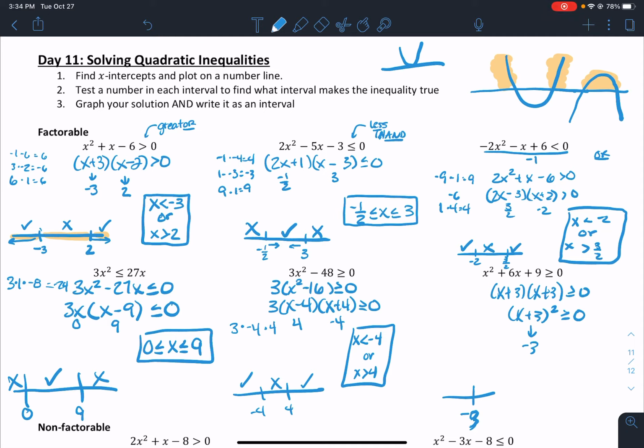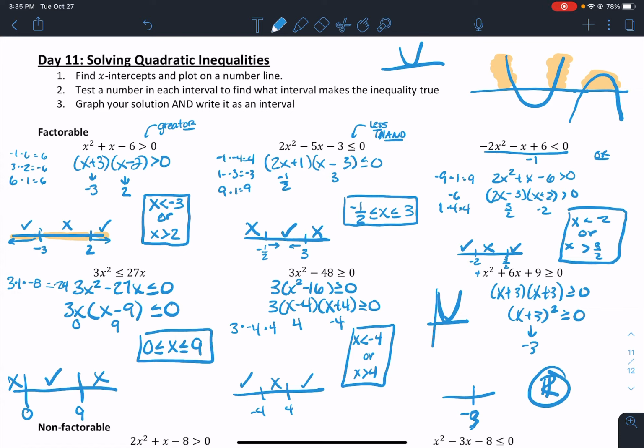So what I'm going to do is I can kind of logic this out. This has a positive a value, so it's concave up, and I want to know when it's greater than 0. So if it's concave up and I'm looking for when it's greater than 0 and it only has one x-intercept, then it must always be greater than 0. So that's how I know the solution is all real numbers.